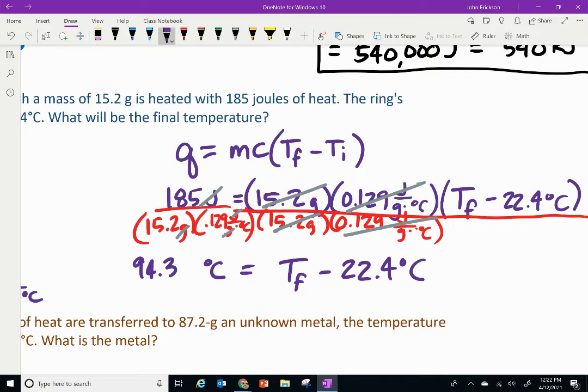So at this point, I'm going to solve for TF by adding 22.4 to both sides. So now I can see that TF will equal 22.4 plus 94.3.